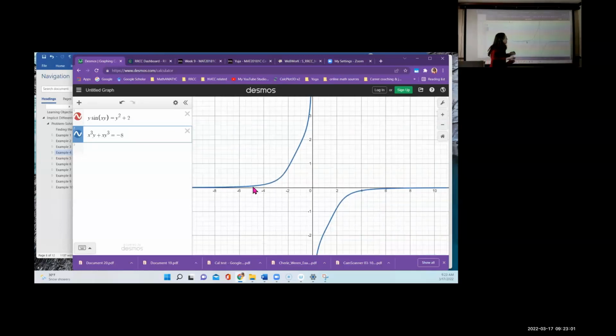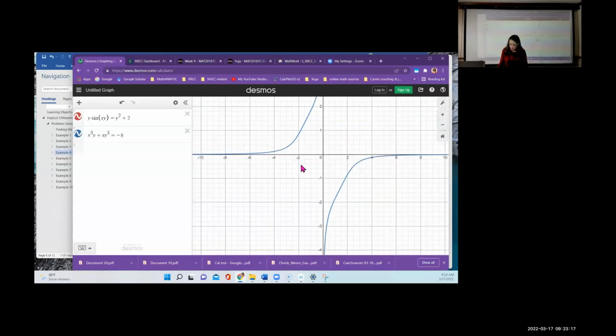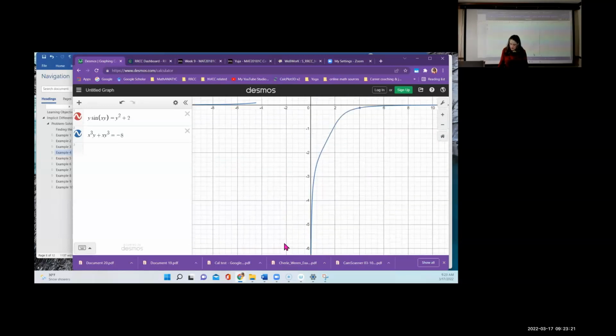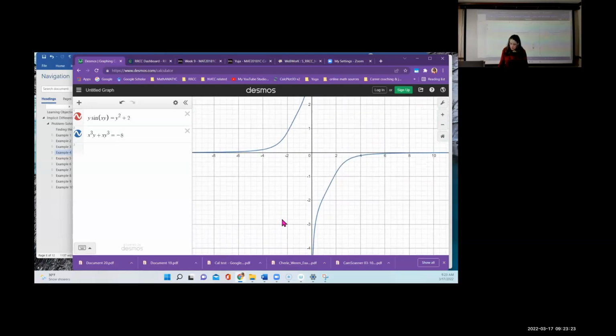It almost looks like a rational function, but notice the curvature of the function in this section. It gets flatter here. It's got some kind of weird thing going on with the curvature. So it's not exactly a rational function shape. When you're looking at it, it does look like it's approaching x as an asymptote here.